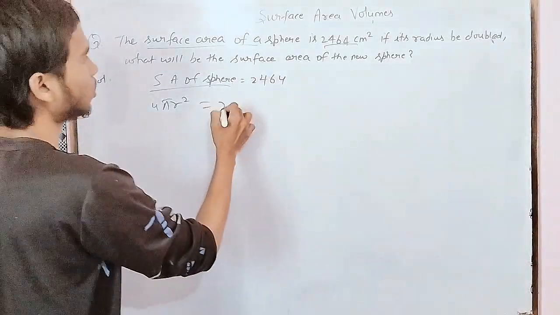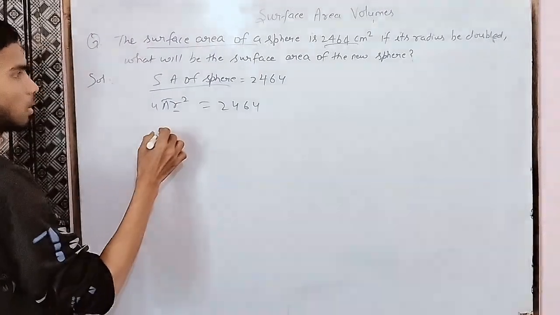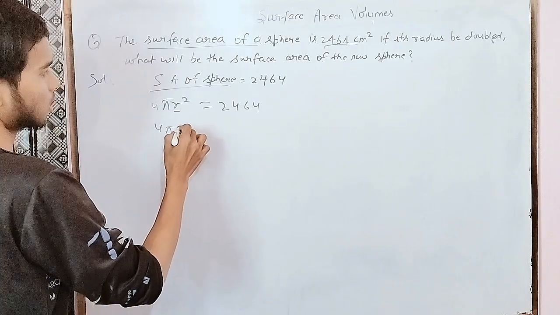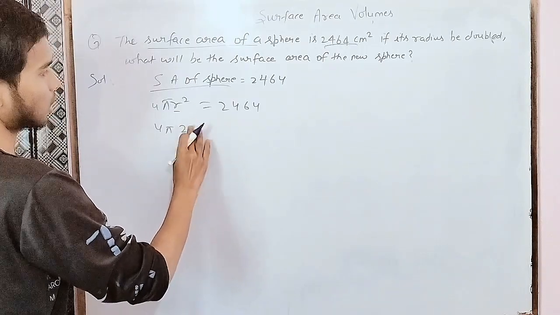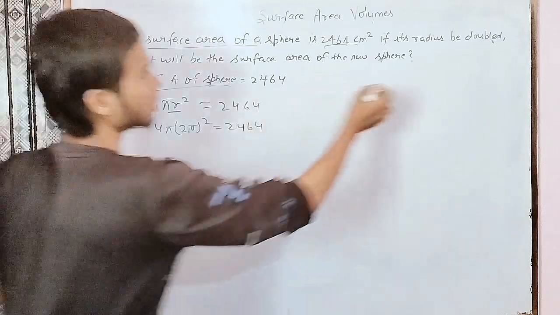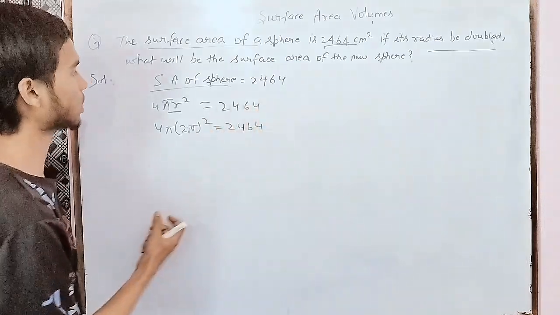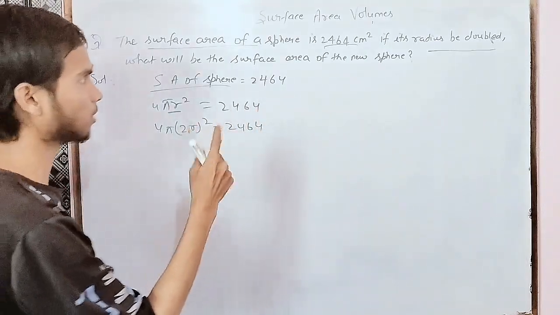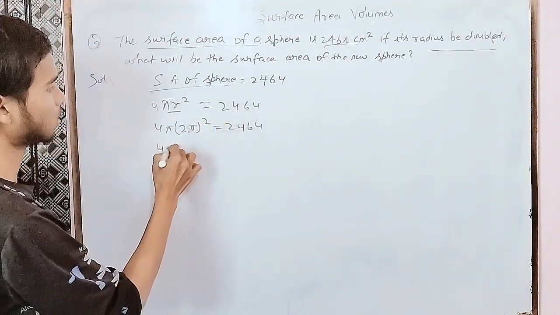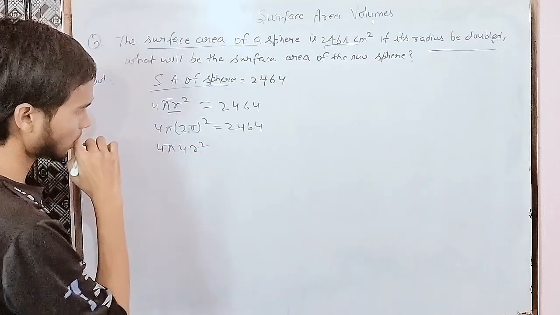Here 2464 is given. The radius is doubled, so it will become 4 pi (2r) square. As the question is saying, the radius is doubled. Now we are going to form a new sphere by doubling the radius. So 4 pi, 2 squared will be 4, and it will be r square.